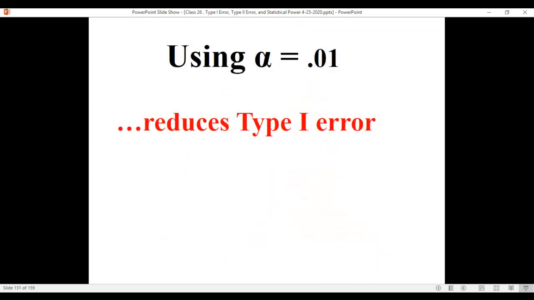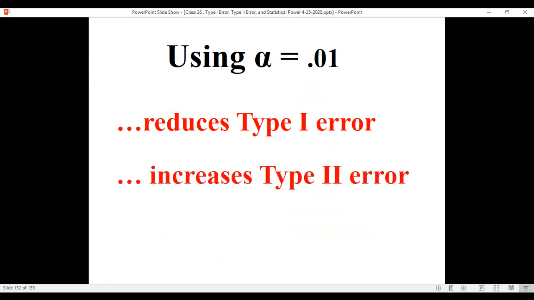Now, earlier today, we learned that setting alpha to 0.01 instead of 0.05 has the good effect that it reduces type 1 error. But it has a sad side effect. It increases type 2 error. And because setting alpha equal to 0.01 increases type 2 error, it automatically decreases power.